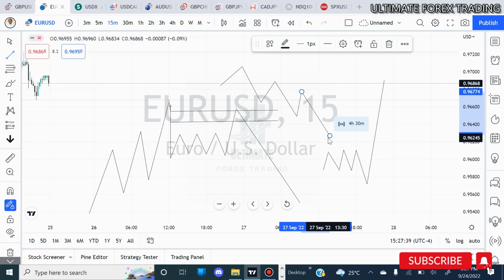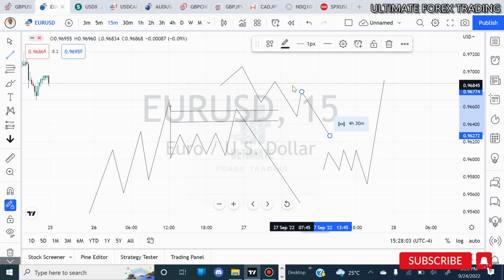It's just that you have to be sure of the direction of the market at a time. Your directional bias needs to be accurate for you to be able to trade the Power of Three concept perfectly, right?